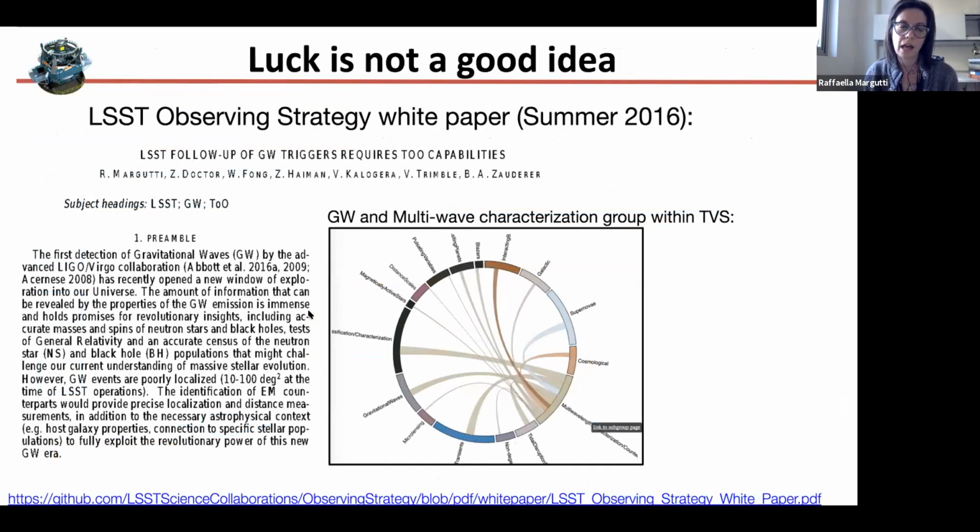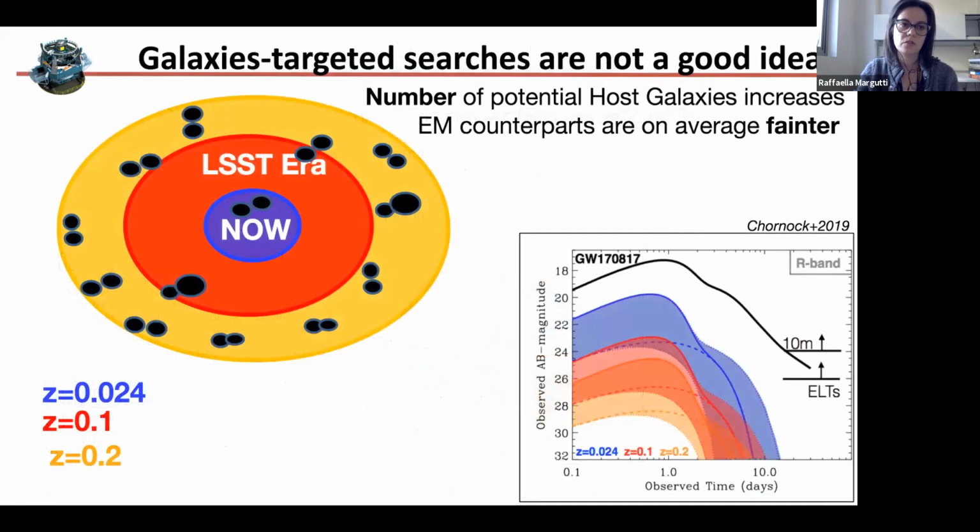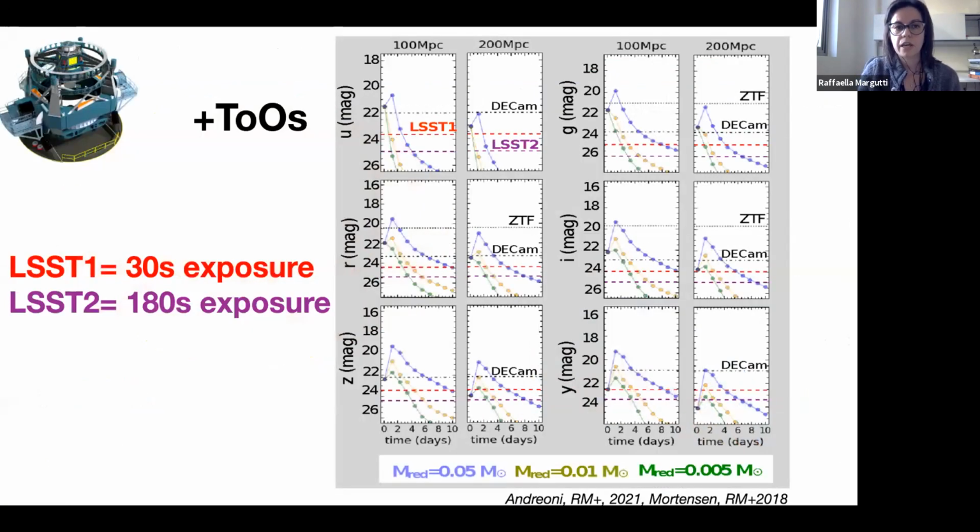Relying on luck, just covering that area of the sky because the survey happens to go there, is not a good idea. And it's also not a good idea to do galaxy targeted searches, because in the era of LSST we're talking about bigger volumes, and we don't even know where the galaxies are at larger distances where the GW sources will be found. So putting everything together, we need to go deep, and we need to do it fast.